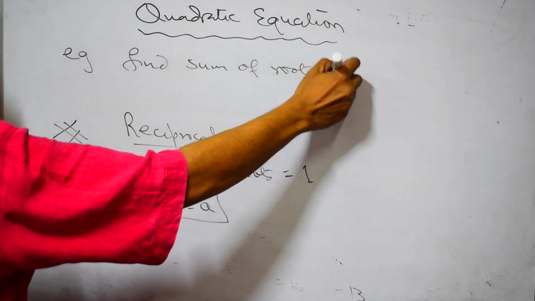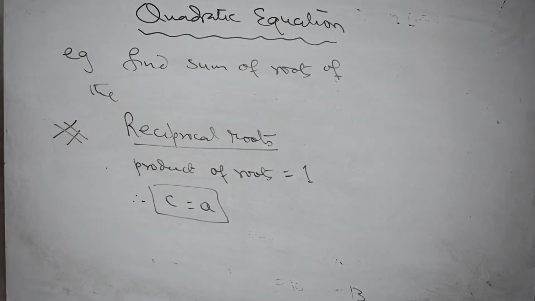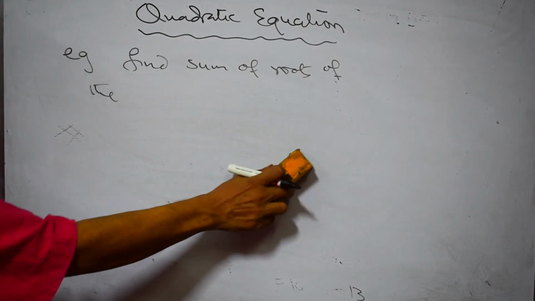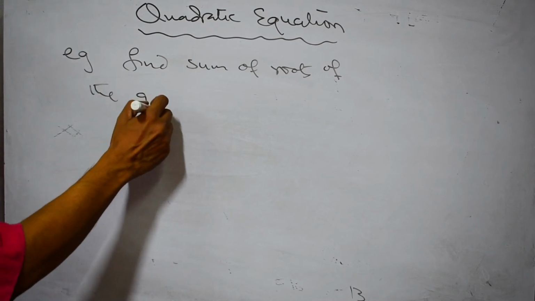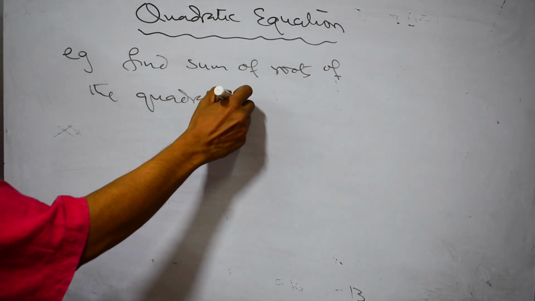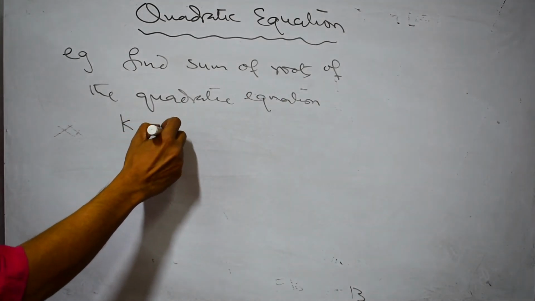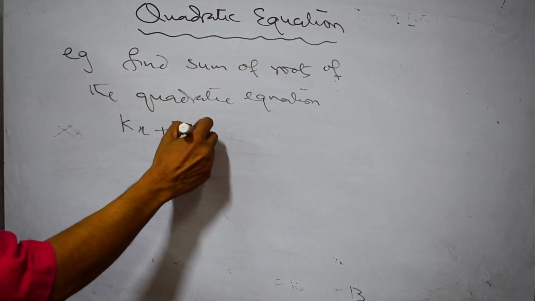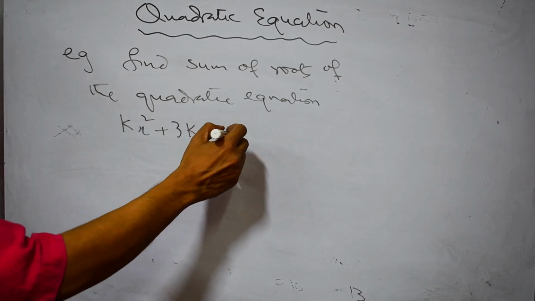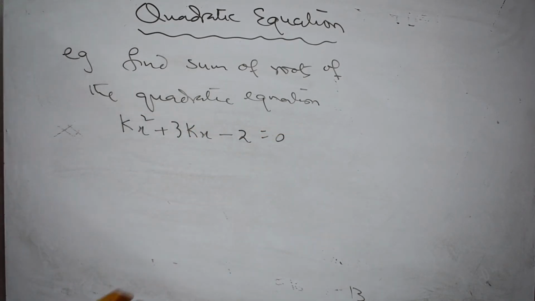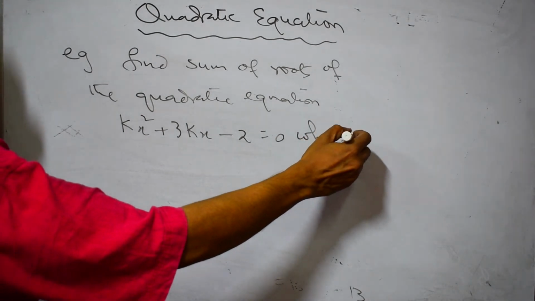So for reciprocal roots, if I am given a question: find the sum of roots of the quadratic equation kx square plus 3kx minus 2 is equal to 0, whose roots are reciprocal.